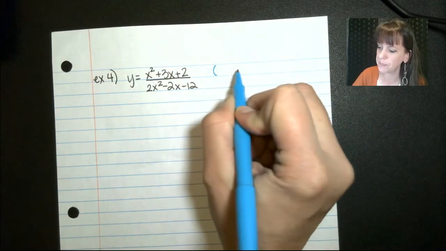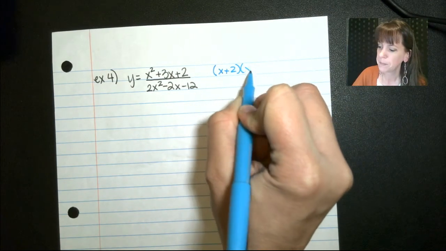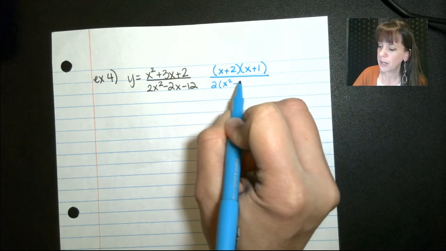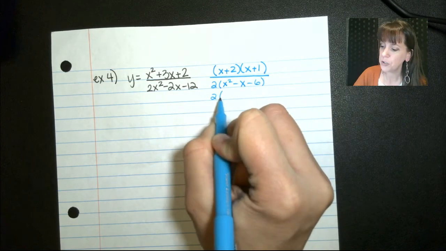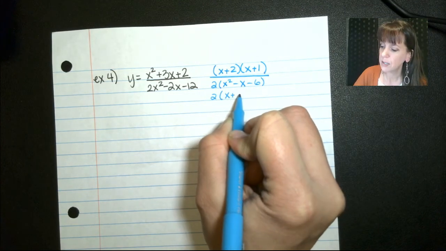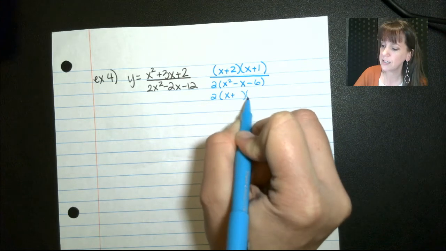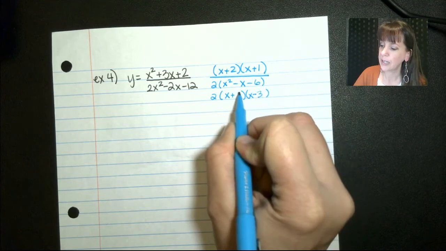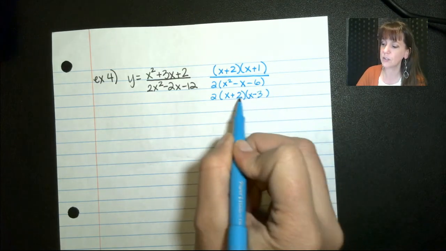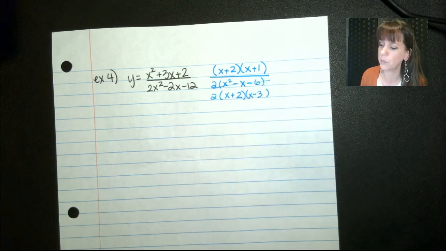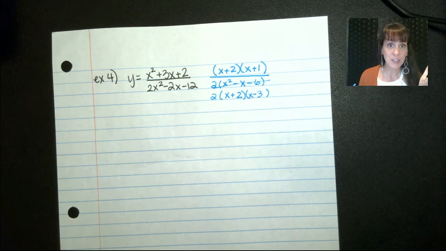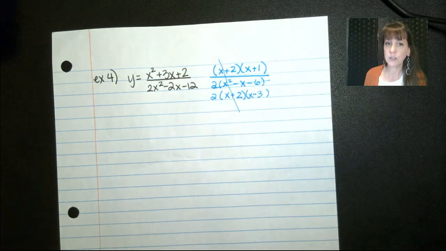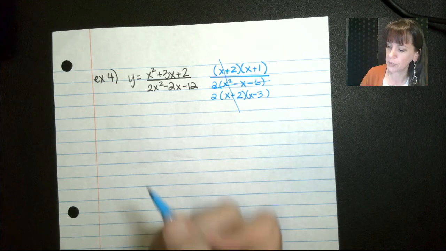So we do x plus 2, x plus 1 over 2x plus, this tells us different signs, so it'll be x and minus, and then minus 3 and 2, because 2 times 3 will give us 6, and then negative 3 plus 2 will give us negative 1 there. Okay, so in this case, look at that. We do have something to cancel out, this x plus 2. If I cancel those out, that's called a hole, and we'll talk about that in a future video.